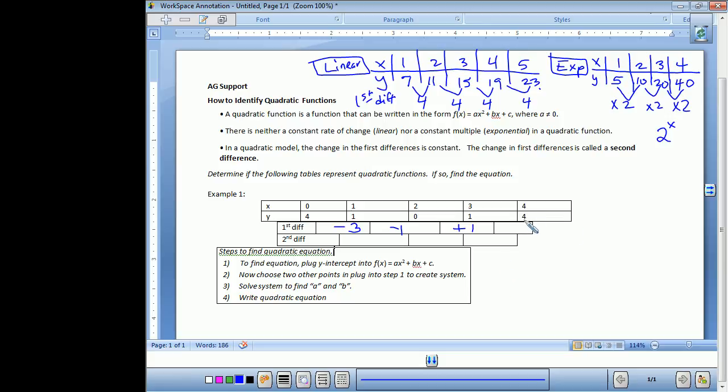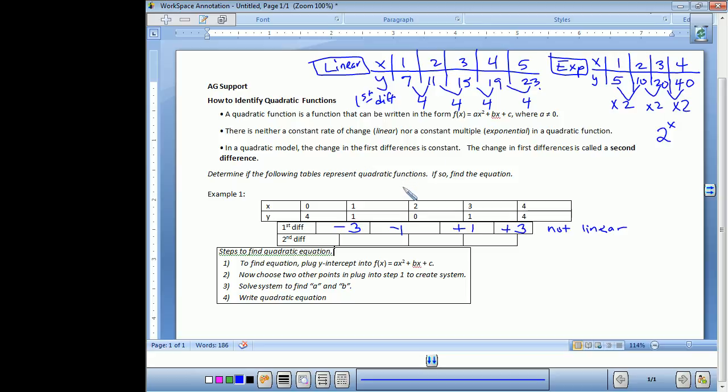And this difference is 4 minus 1, which is positive 3. Those numbers are not the same, are they? No. So this is not linear. It is not linear because we do not have a constant rate of change. Can I multiply by anything to get to the next number? No. So it's not exponential.